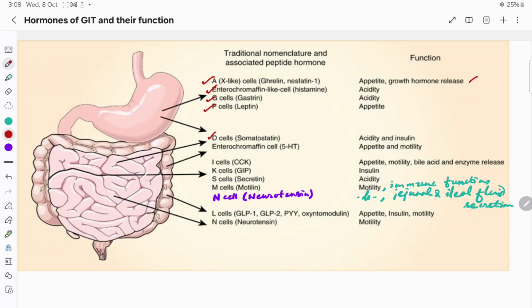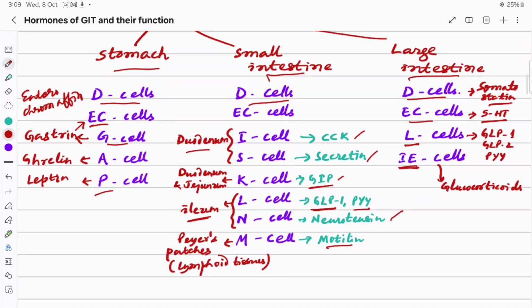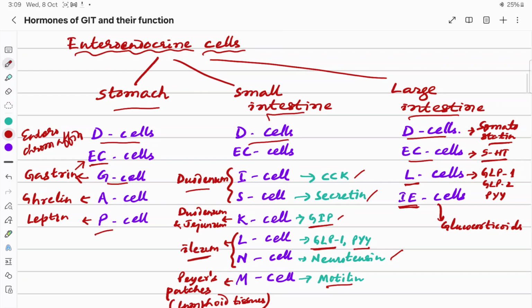And the enterochromaffin cells secrete histamine. In the stomach, actually we have not mentioned here, the enterochromaffin cells secrete histamine.